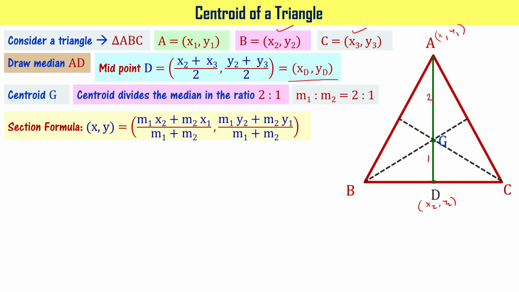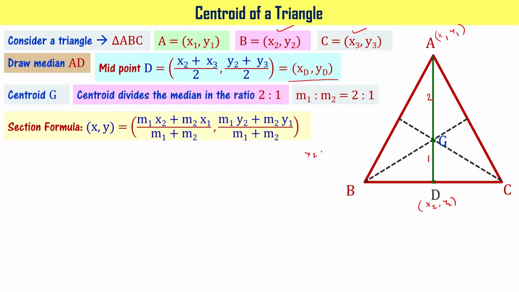The point 1 corresponds to A and 2 corresponds to D in our case now. So let's substitute A equal to x1 comma y1, and D, sorry, x2 comma y2 equal to xd comma yd. Let me write it.